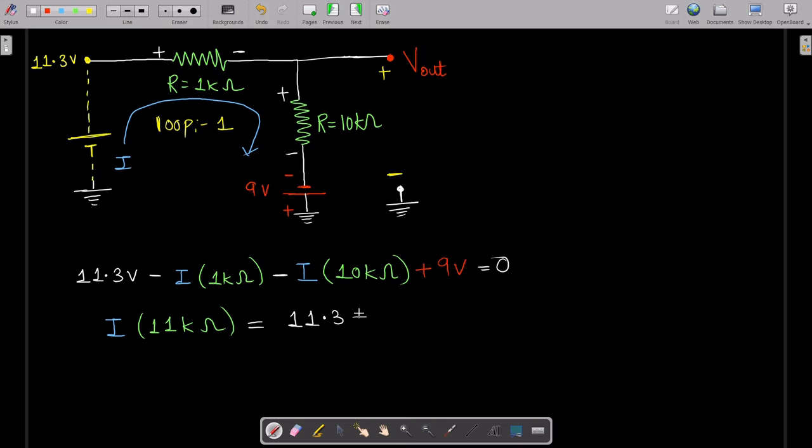11.3 volts plus 9 volts. This is in volts, and obviously the resistance is in kilo ohm. I will write this over here because there is a shortage of space.